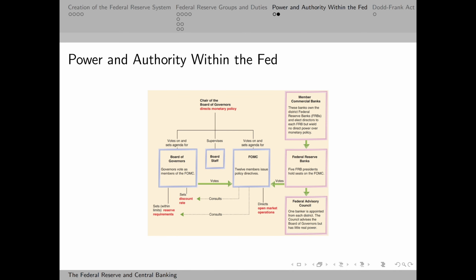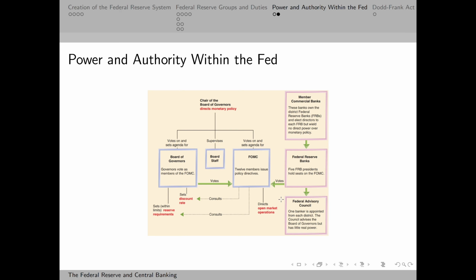And so here we have a nice, concise summary of everything that we've talked about. You have your chair of the Board of Governors that directs the monetary policy, who sits on the Board of Governors, supervises the board staff, and then votes on and sets the agenda for the FOMC. Then the Board of Governors, they get to set discount rates and reserve requirements, as well as their voting members on the FOMC, which is, if you remember, the director of open market operations.